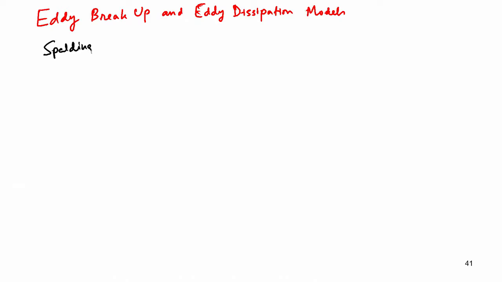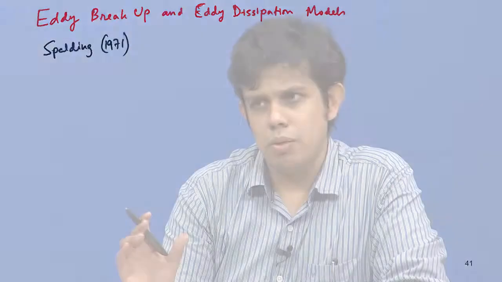Spalding introduced the Eddy Breakup model in 1971, and unlike the Eddy Dissipation models, this is a very solid physical reasoning. Okay. So he said that the turbulent mixing can be viewed as a cascade process, and this mixing process is basically the most important factor that drives the reactions.